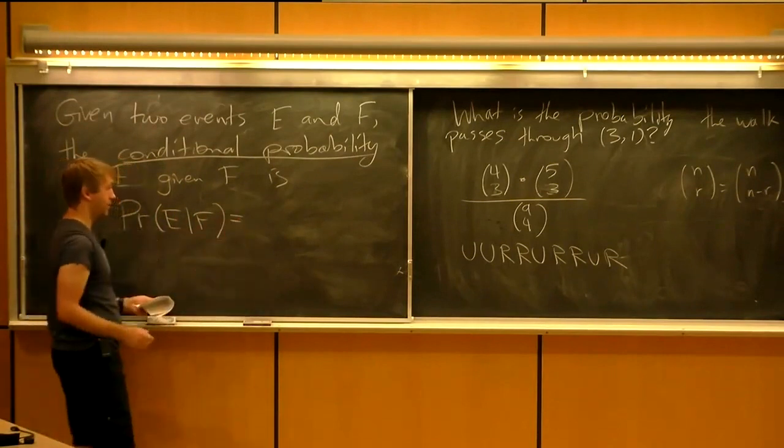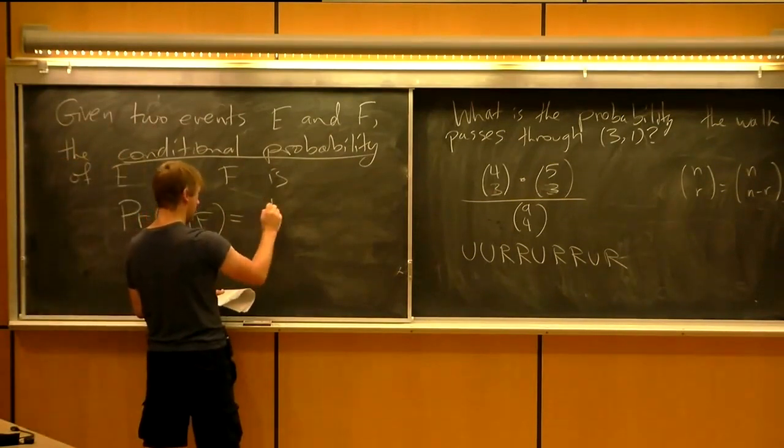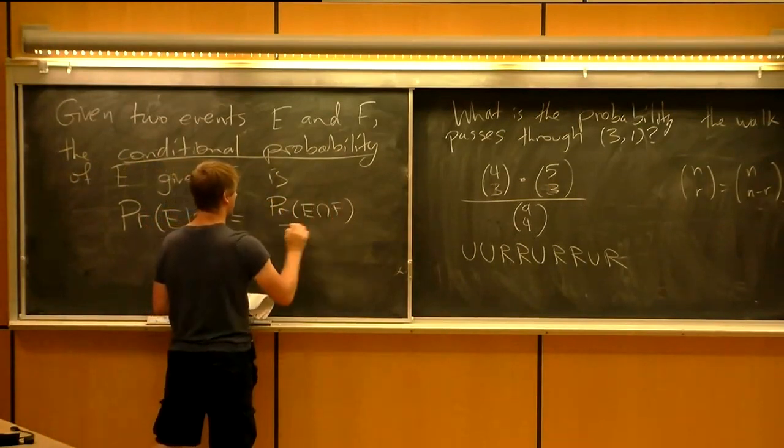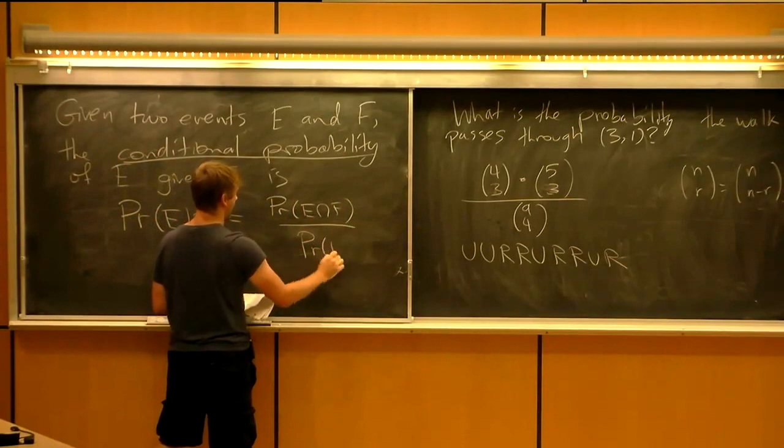And there's a formula for it, which is the probability of E intersect F divided by the probability of F.